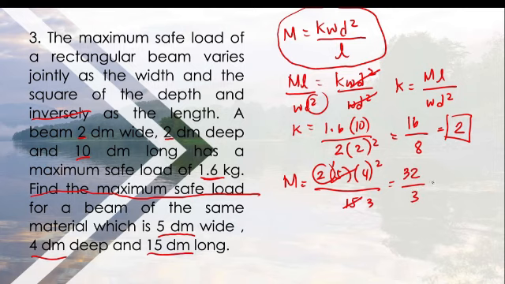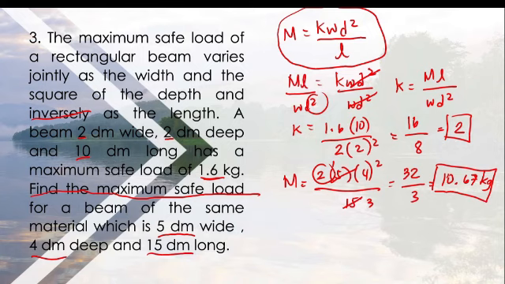Tapos, divide nyo lang yan. Hanggang hundredths tayo kasi decimal yan. So, we have 10.67 kilograms. So, ni-round up na natin to the nearest hundredths. So, this is 10 and 67 hundredths or 10.67 kilograms.